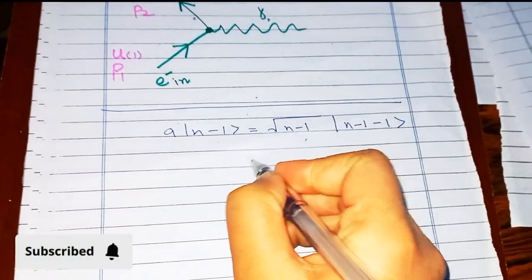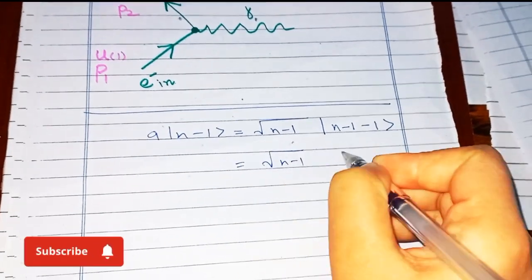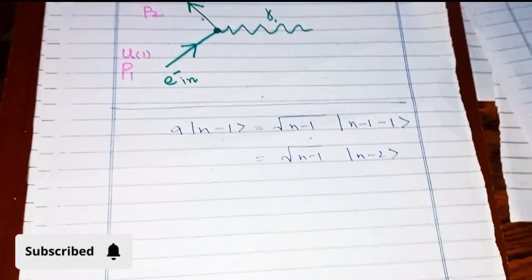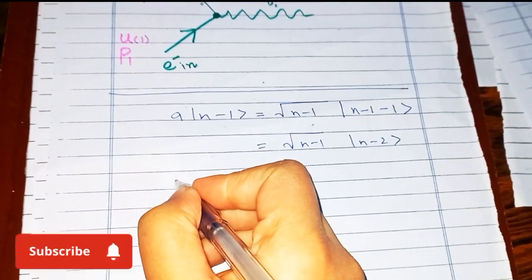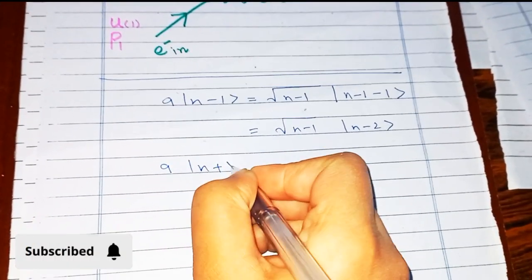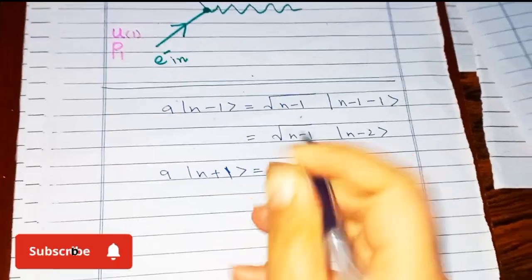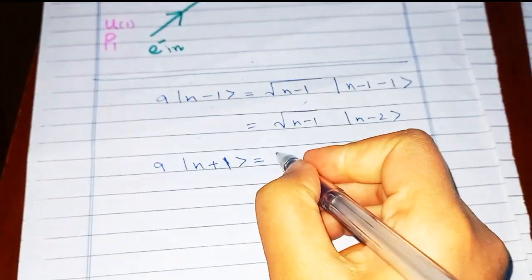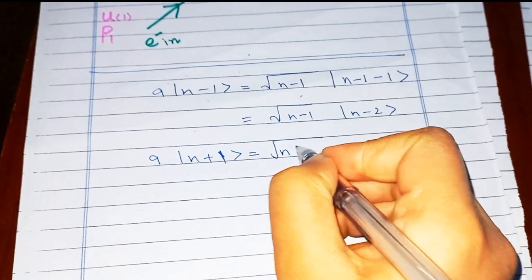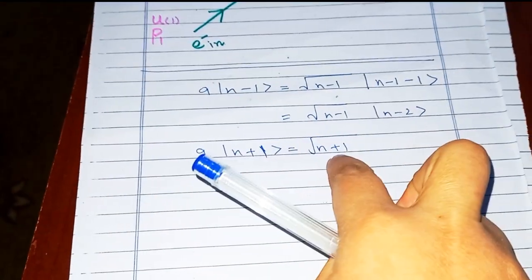Reduce it by 1, so it's under root n minus 1, and it's n minus 2 then. That is a n minus 1. Now we'll apply a on n plus 1 because that is the next cat here. So we'll get the same as it was here.